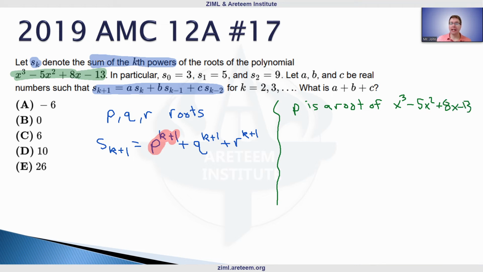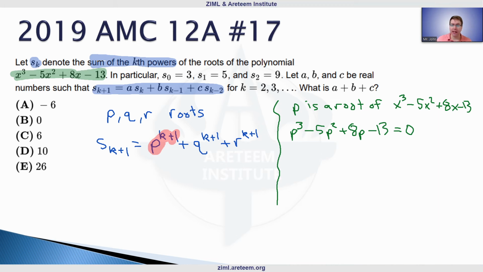Well, by definition, this is a little bit silly, but it means that if you plug it in, we have p cubed minus 5p squared plus 8p minus 13, you get 0. And here's the punchline.